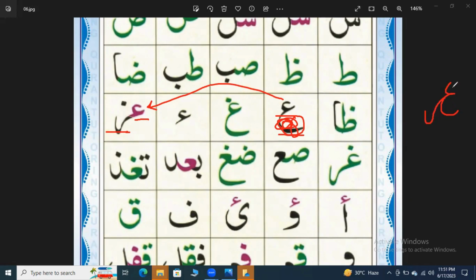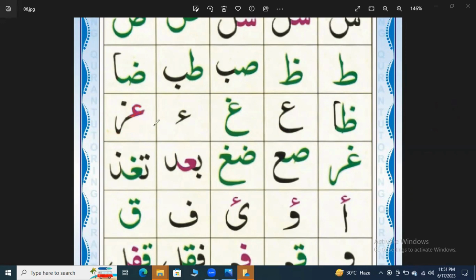So the upper one is Ain, and this one is Za, and this part is cut. So Ain Za. This one is Ain, and if I complete this sign, it will come down like this. So this one is Ain and this one is Za.